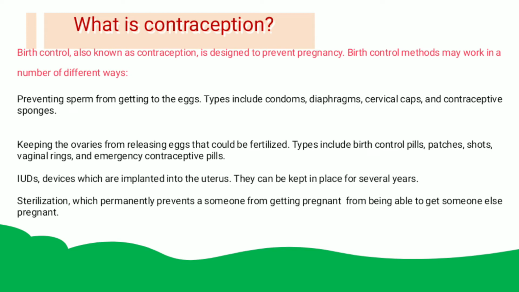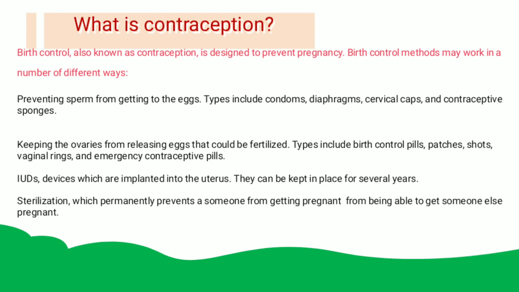Number two, keeping the ovaries from releasing eggs that could be fertilized. Those types include birth control pills, patches, shots, vaginal rings, and emergency contraceptive pills. Third is IUDs, devices which are implanted into the uterus.